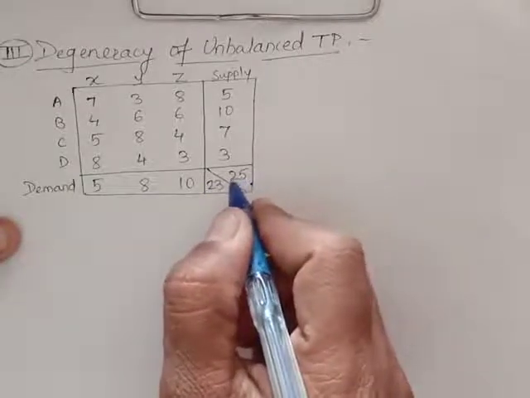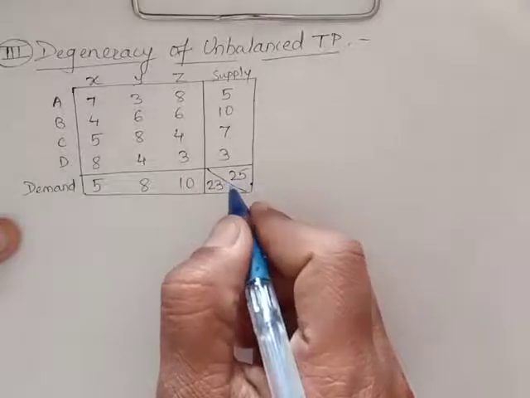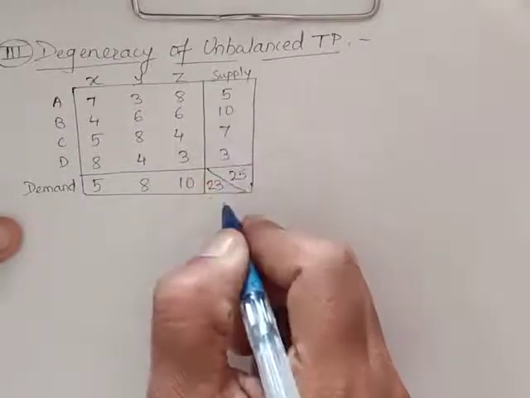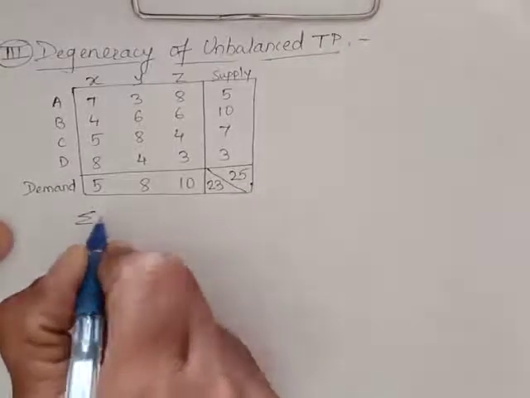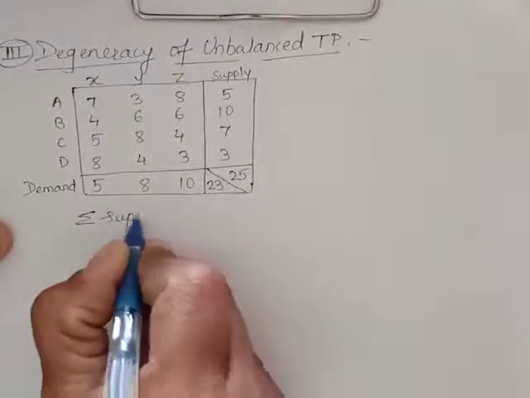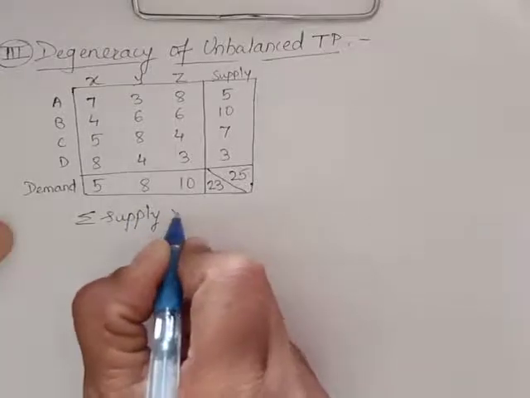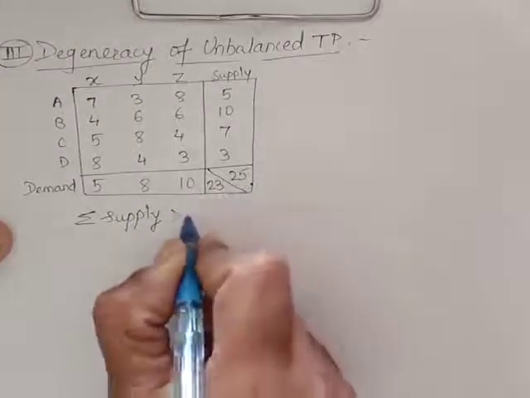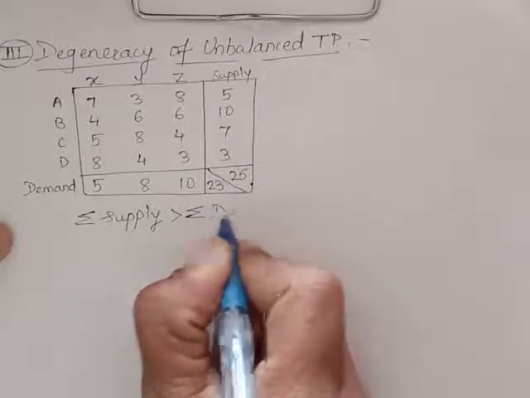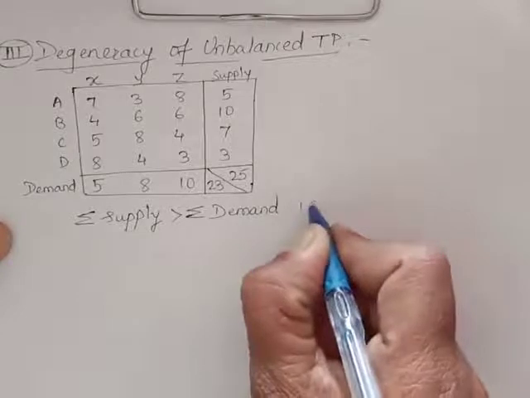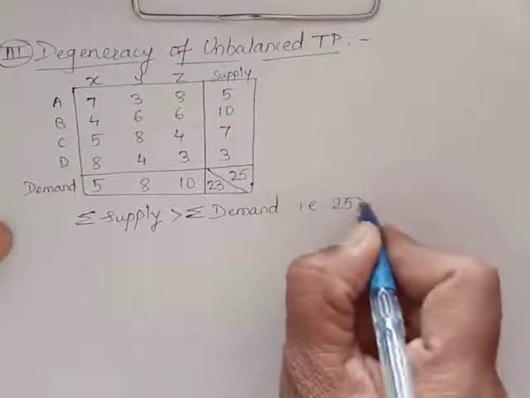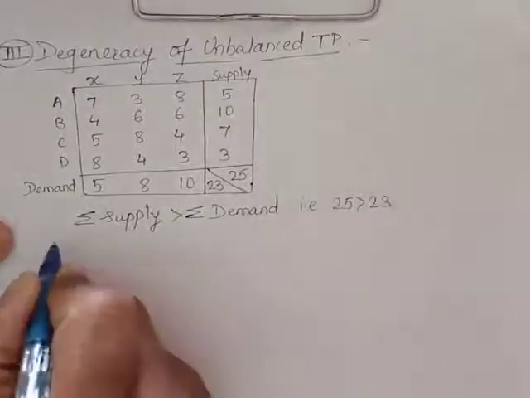So demand is less here, so we need to add a dummy destination here. Fine. Summation of supply is greater than summation of demand, that is 25 is greater than 23.